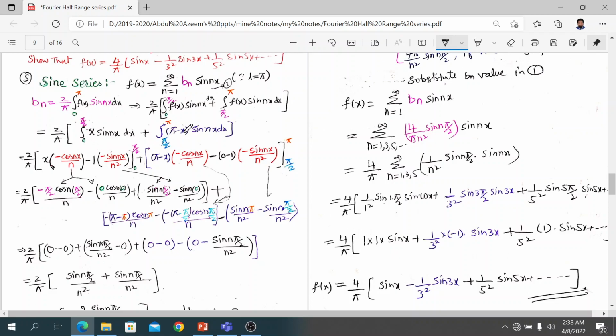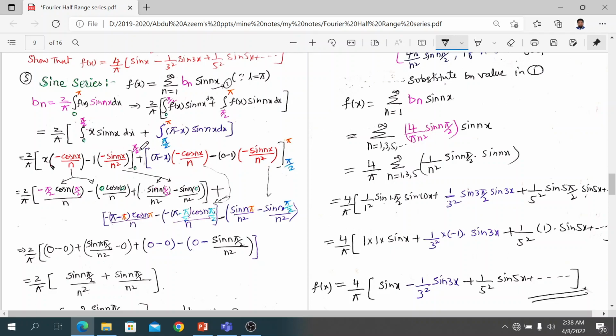Plus pi minus x, this is u. Now minus of the derivative of this: derivative of pi is 0, minus x gives 1, this is v. So the integration is minus cos nx by n, and the next is minus sin nx by n square, between pi by 2 to pi.